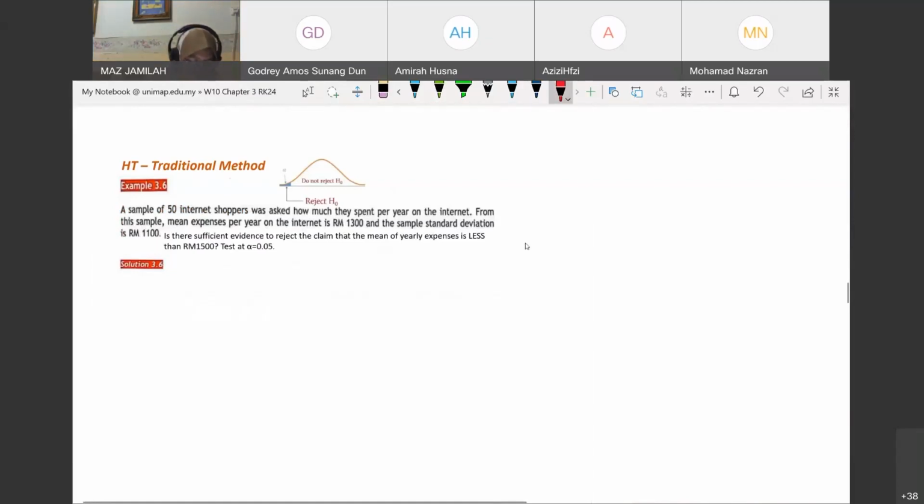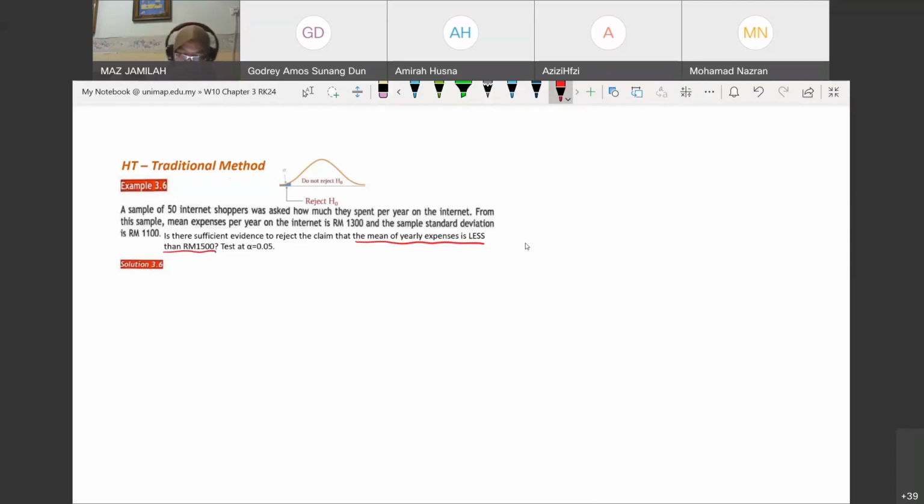All the sentences in the question are the same except the last sentence. I changed the last sentence to: is there sufficient evidence to reject the claim that the mean of yearly expenses is less than 1,500? I'm changing that into a one-tailed test.